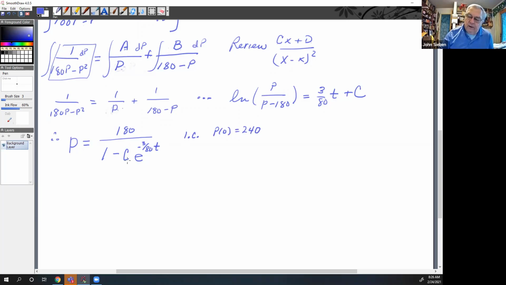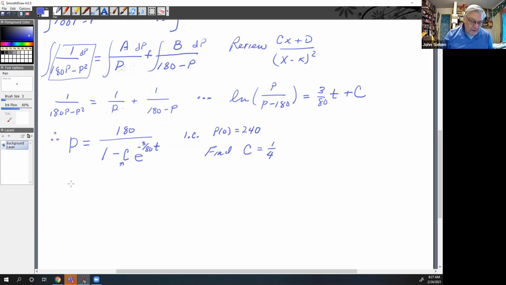And the initial condition will tell us what the value of c is that will change this from a general solution, which is what we have right here, to a particular solution, one that matches this particular plot of ground and set of rabbits. And so whenever I use p of 0 equals 240, we're going to find that c is equal to 1/4 or 0.25.